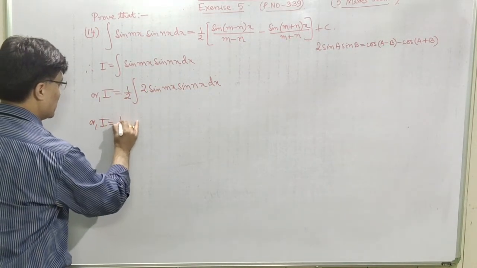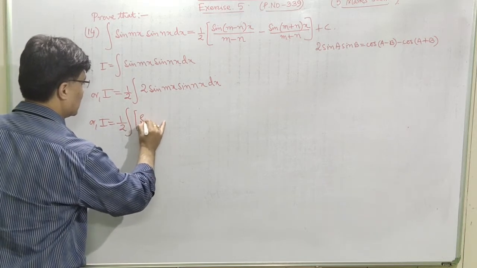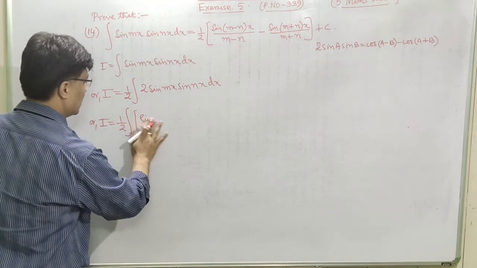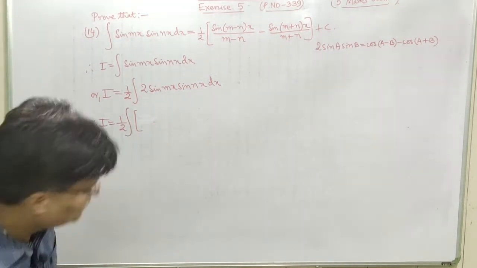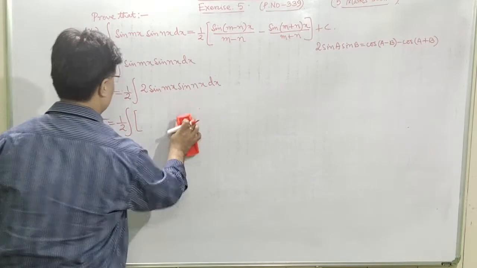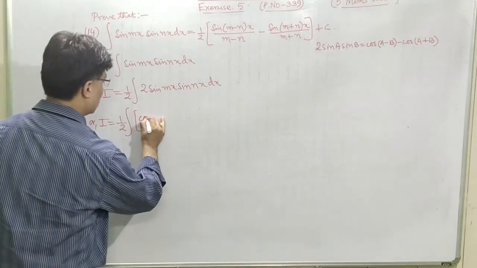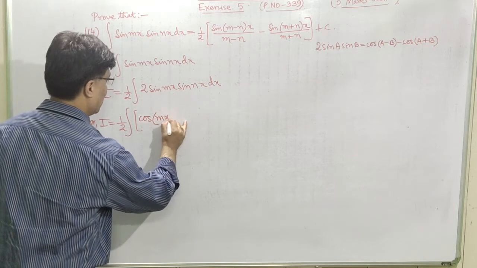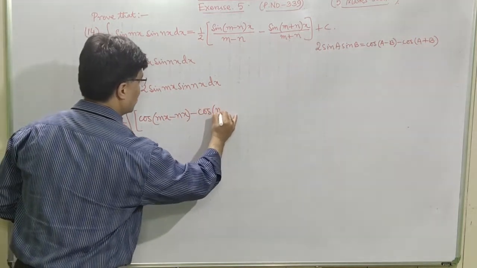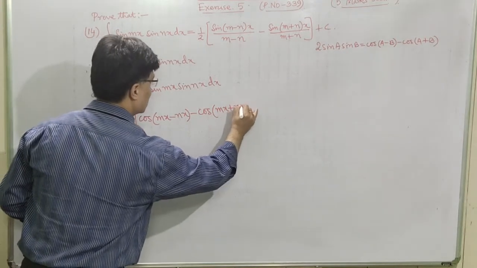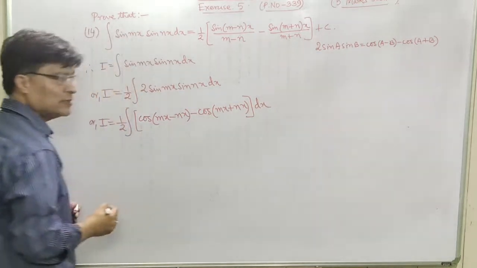Or I is equal to half integration of, within third bracket, it should be 2 sin a sin b equals cos of (a minus b), that is cos of (mx minus nx), minus cos of (a plus b), that is cos of (mx plus nx), third bracket close, then you can write dx.